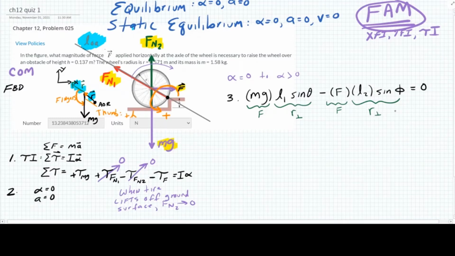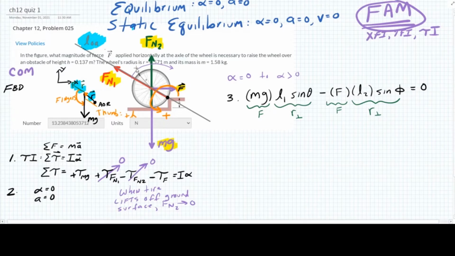So that's what torque is: force times torque arm. We'll use cross products to get the product of perpendiculars between any two vectors. A lot of times it's easy, like in this case it's kind of easy to see, but let's go ahead and find out what the position vector is for mg.